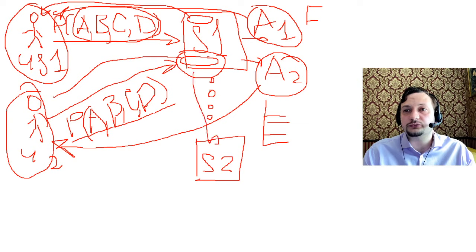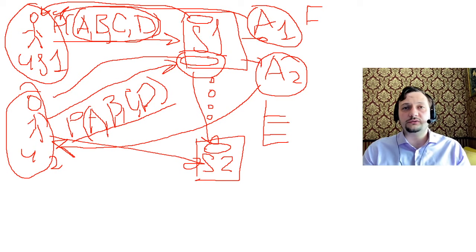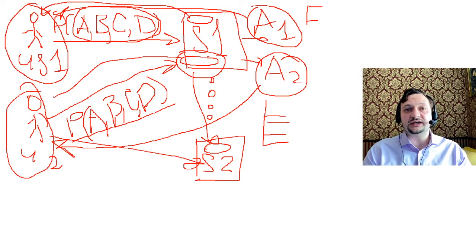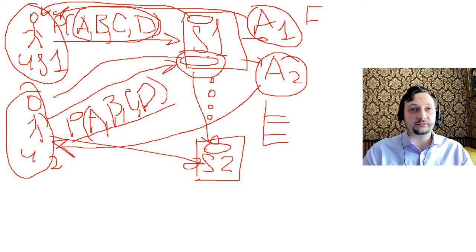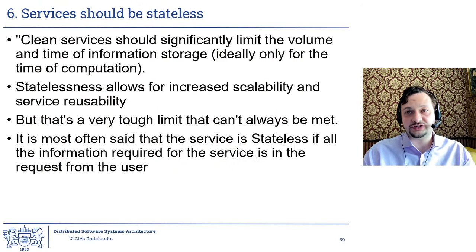We need to put the state on the service 2, so that it can implement the same request for the user 2. So if you are able to implement stateless services, you should implement them. Stateful services are harder to manage, harder to scale, and you should use as small an amount of user information as you can in your system.